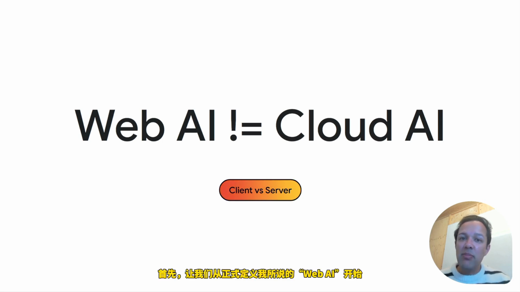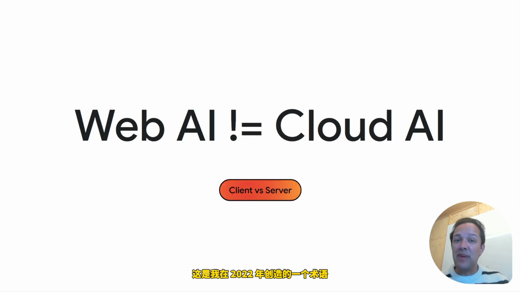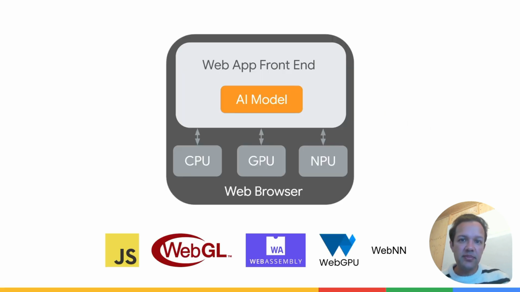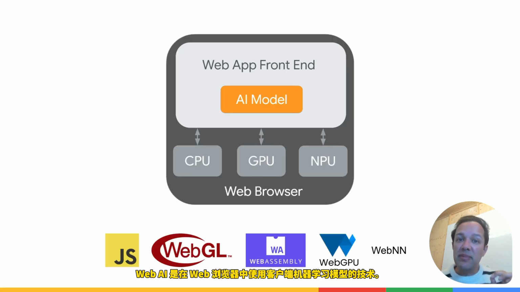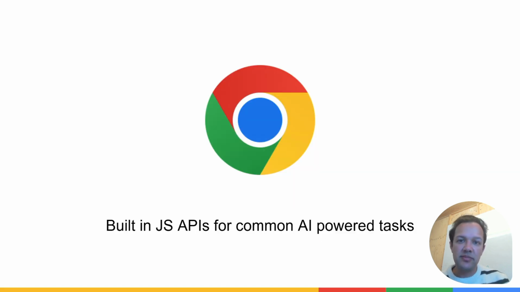First, let's start by formally defining what I mean by Web AI, which is a term I coined back in 2022 to stand out versus cloud-based AI systems, which were popular back then. Web AI is the art of using machine learning models client-side in a web browser, running on your own device's processor, graphics card, or even NPU, using JavaScript and surrounding web technologies like WebAssembly, WebGPU, or emerging web standards like WebNN for acceleration.